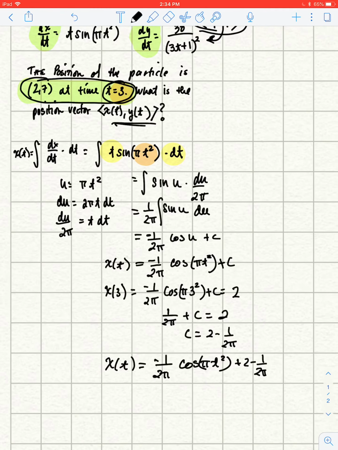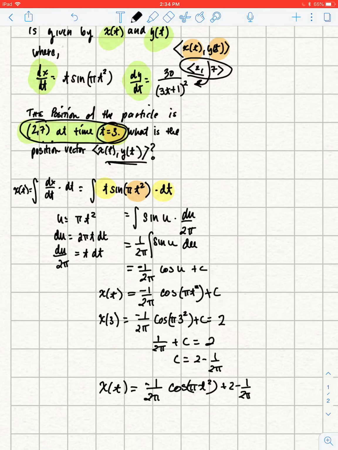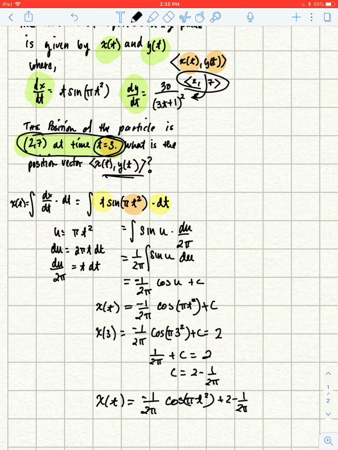And then, unfortunately, we have to do 2 of these. So let's go back up and let's look at this one here. So for dy/dt, you're looking for y of t.